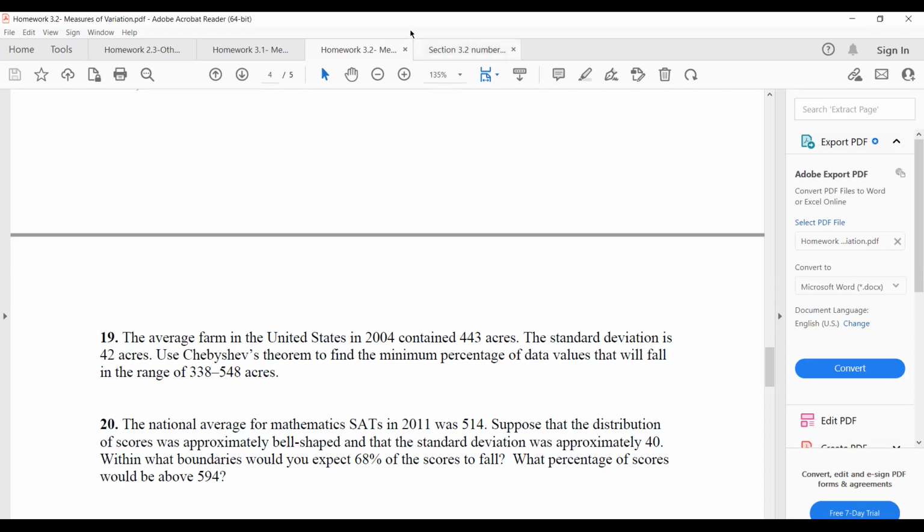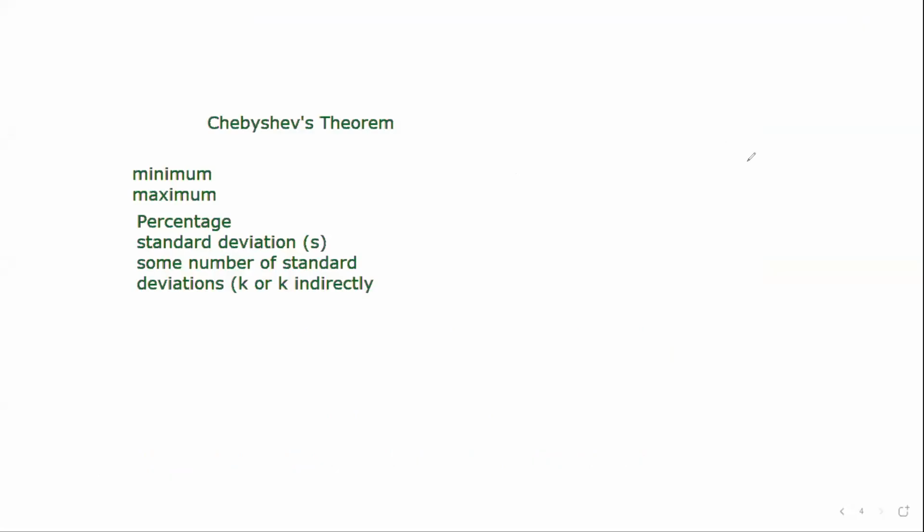You have your number line, so let's take a look. Let's see what it looks like. We're gonna have 338 on this side, and what was it? 548.